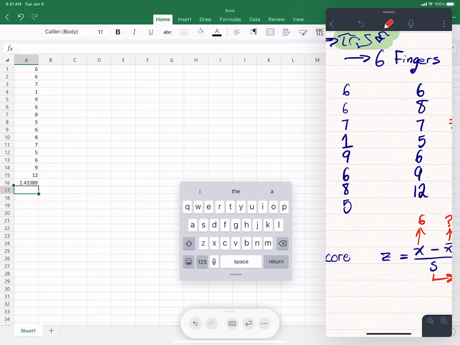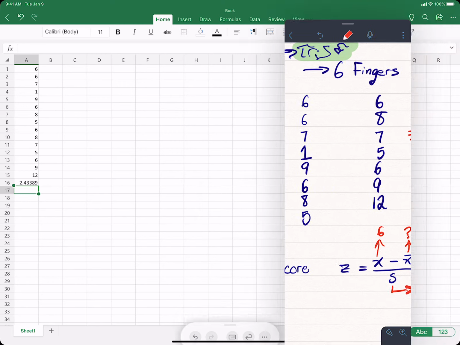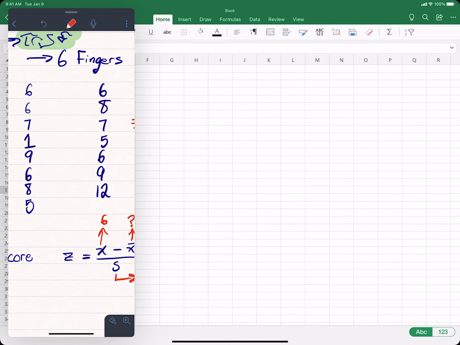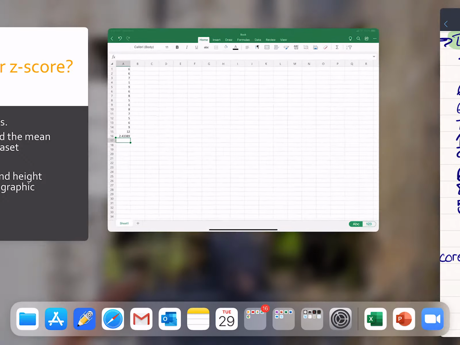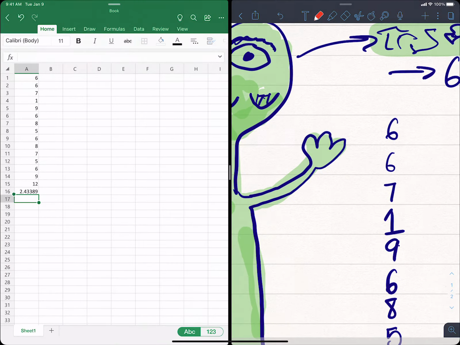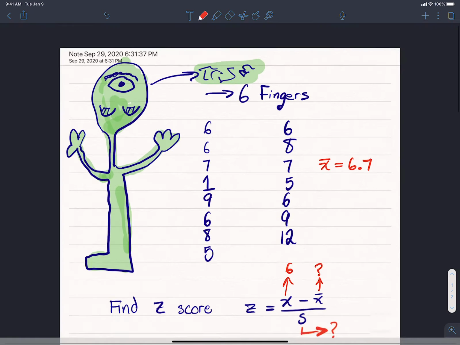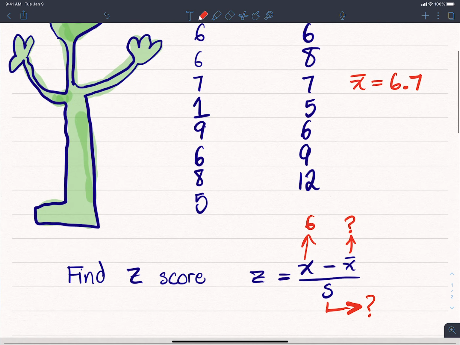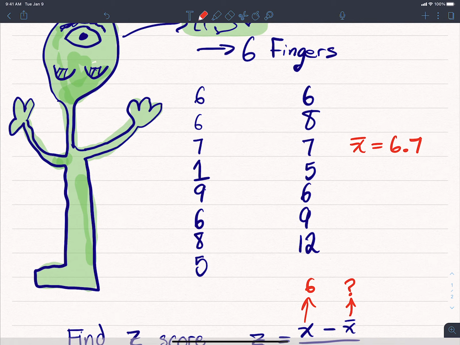Y'all can see that number? Yes. All right, so we got 2.43, or just 2.4 if we keep the one number after.